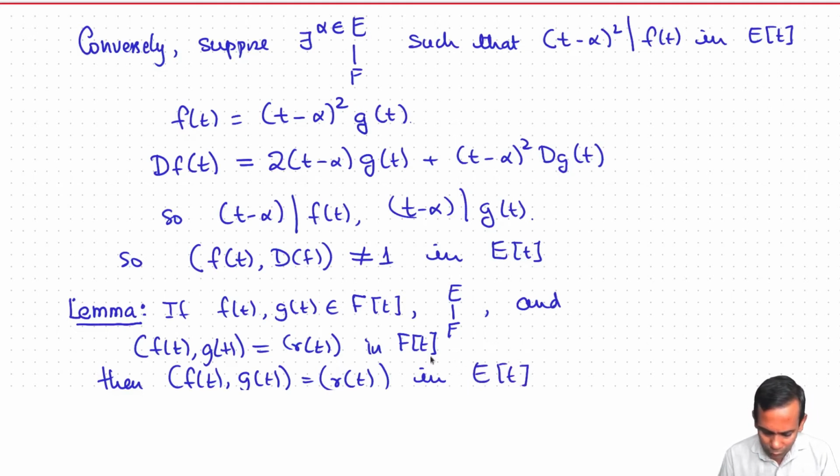Since you're allowing more polynomials, you may find more common factors between f(t) and g(t). But what this lemma is saying is no, this r(t) will generate the ideal of f(t) and g(t) even in E[t].